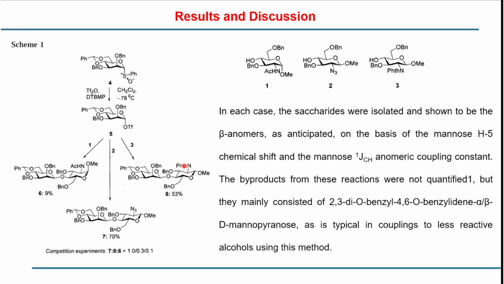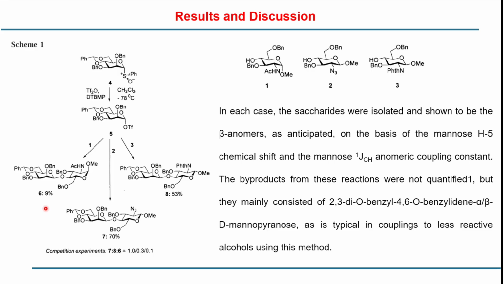They have taken this sulfoxide donor 4. They pre-activated sulfoxide donor 4 using triflic anhydride in dichloromethane at -78 degrees to form the intermediate triflate 5. They mixed this triflate 5 with 1, 2 and 3 in separate systems, and were able to achieve the disaccharide with all three acceptors.